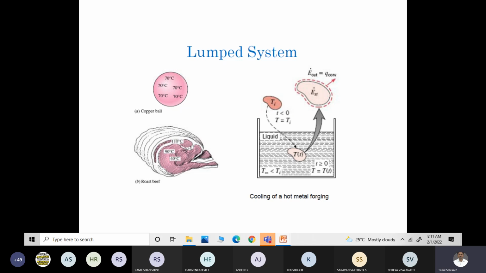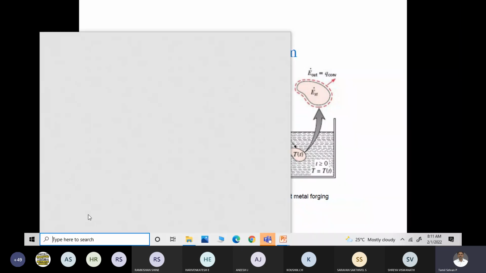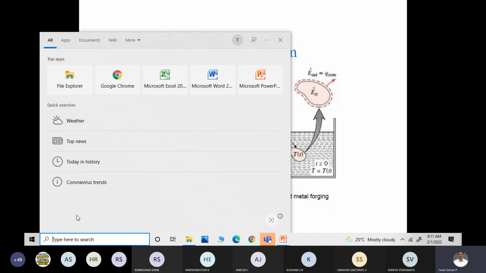Now in that case, we know that the internal conductive resistance, especially in the case of solids, is given by L by KA. Am I correct? L by K is the conductive resistance. And what about the convective resistance? Convective resistance is, we know that.